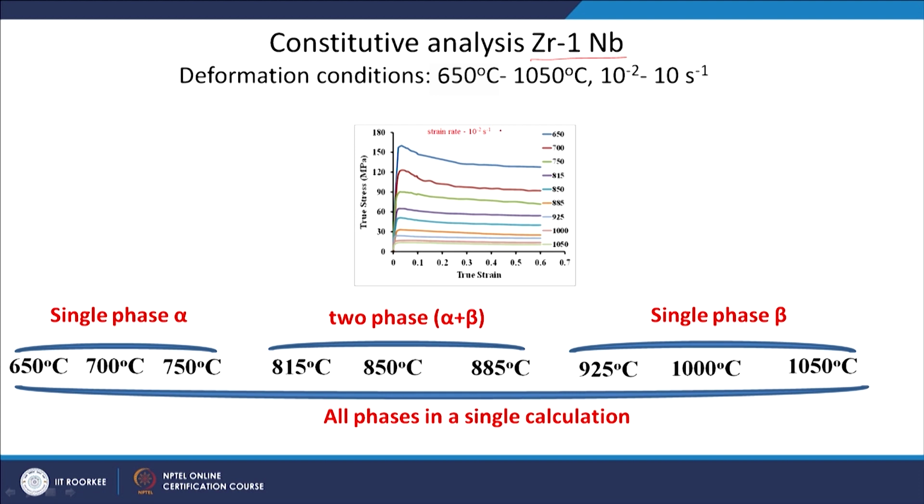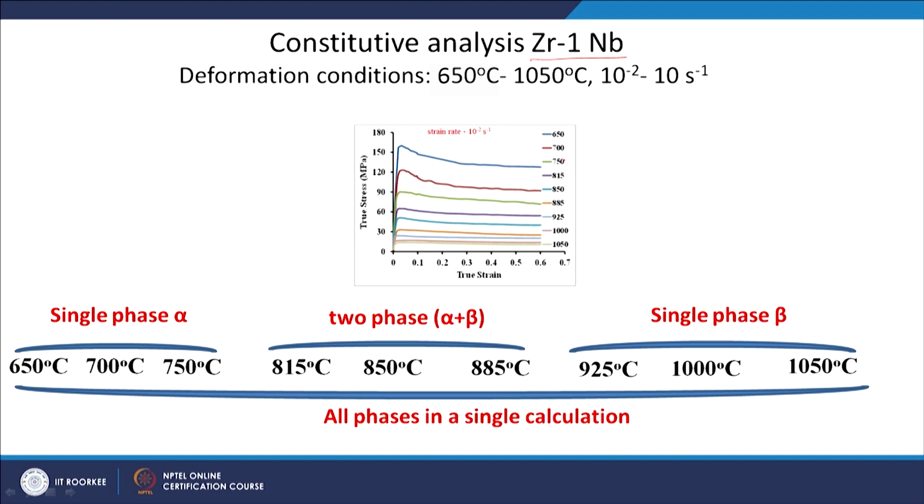For each strain rate we deformed the material at different temperatures, and these are the flow stress curves for the deformation process. Of course, you can see at lower temperature the deformation behavior is different than at high temperature. It looks like a single peak, and then the steady state condition is reached.